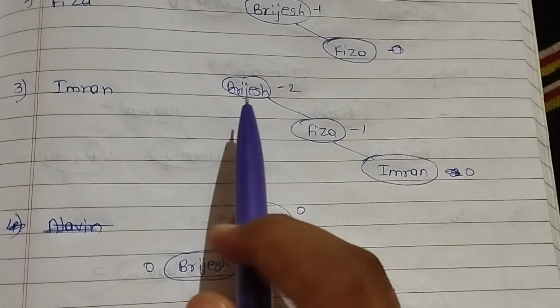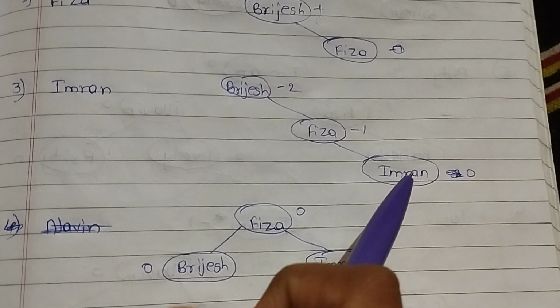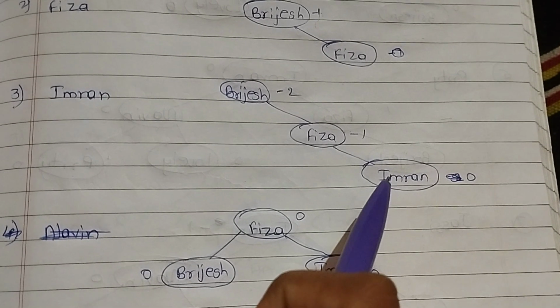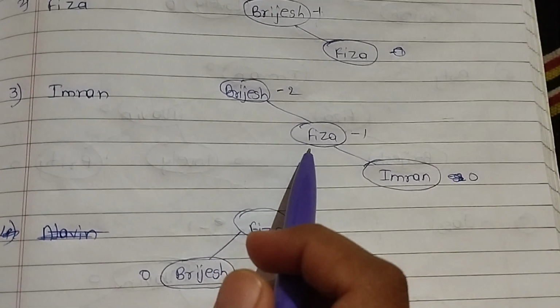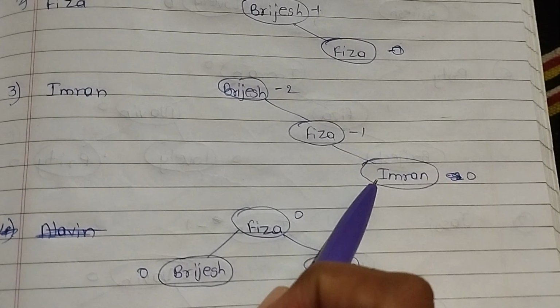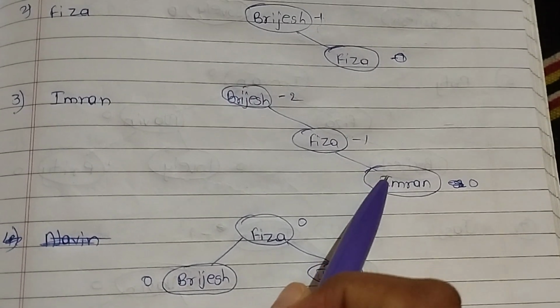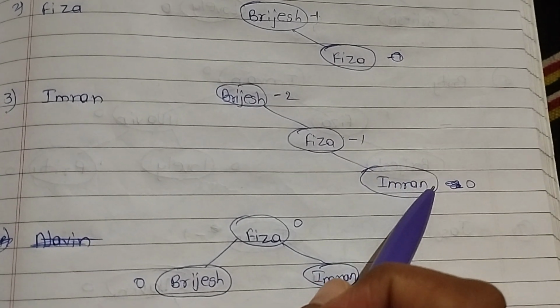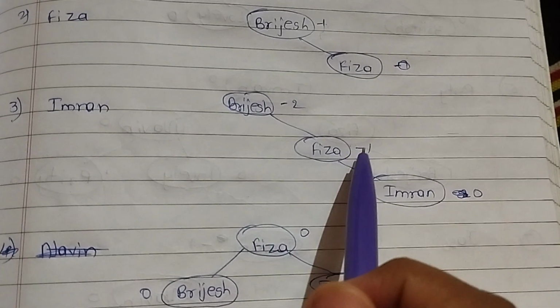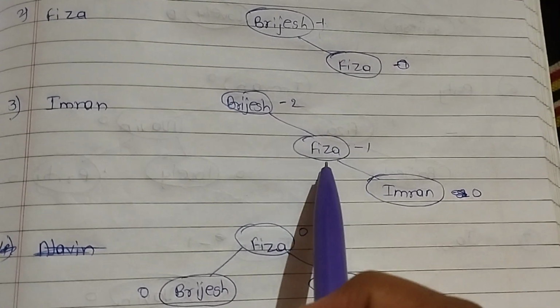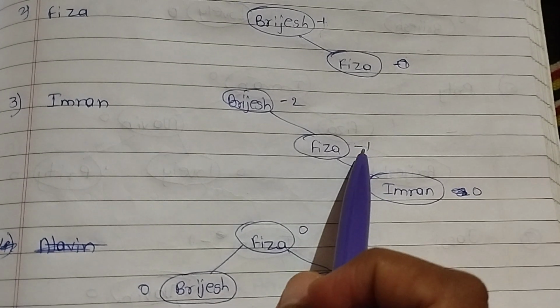Now, the next word, we move to Imran. I is greater than B and F, so this again goes to the right child. Now the balance factor of Imran is 0. Fiza's balance factor is -1 because 0 minus 1 is -1.